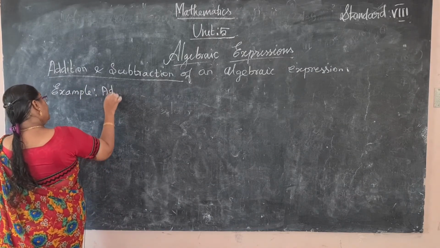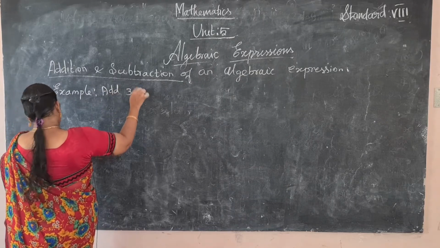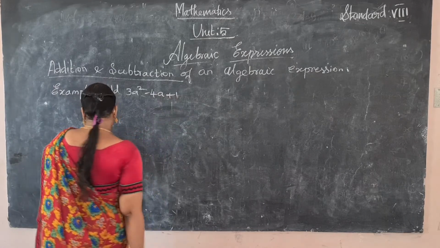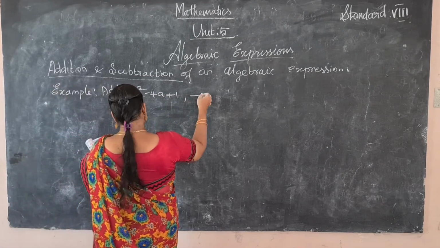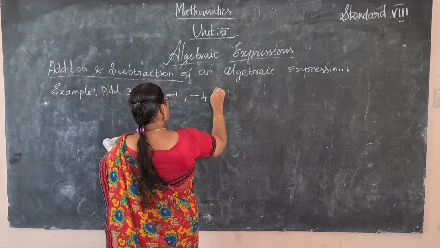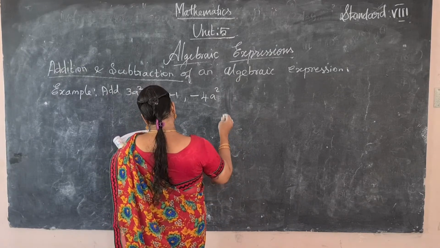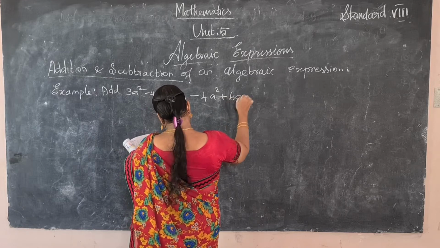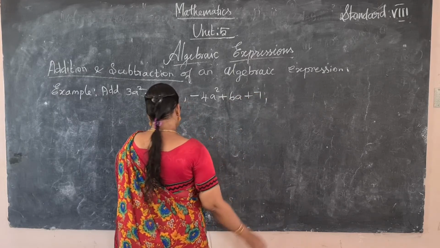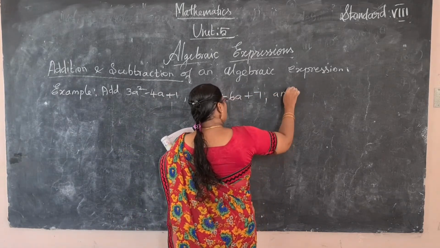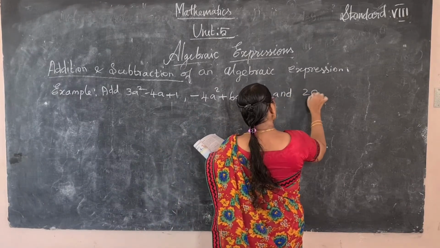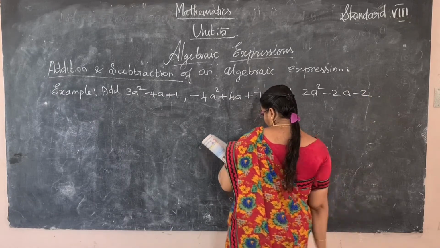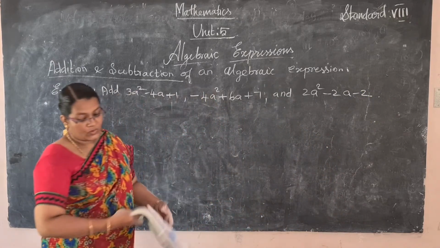Add 3a squared minus 4a plus 1, and next one minus 4a squared plus 6a plus 7, and one more algebraic expression, 2a squared minus 2a minus 2.